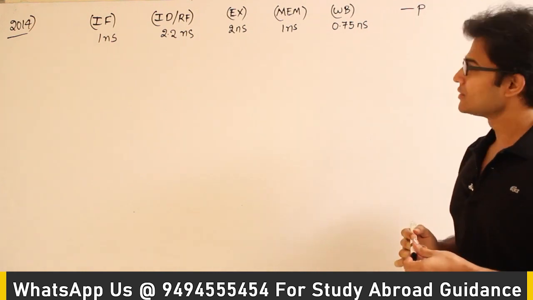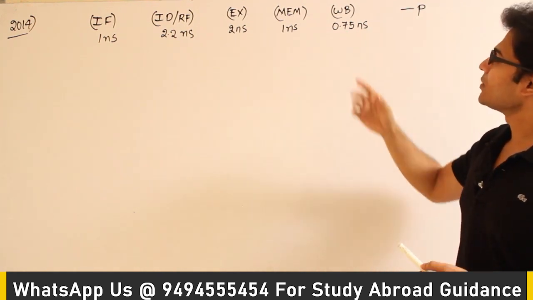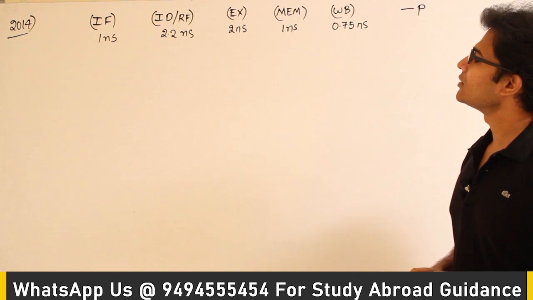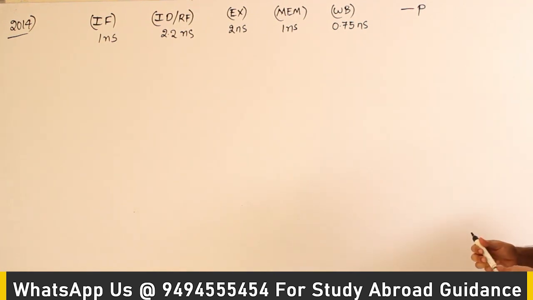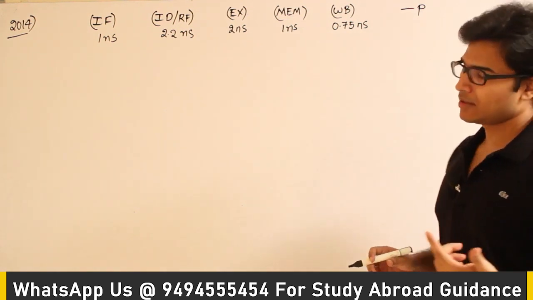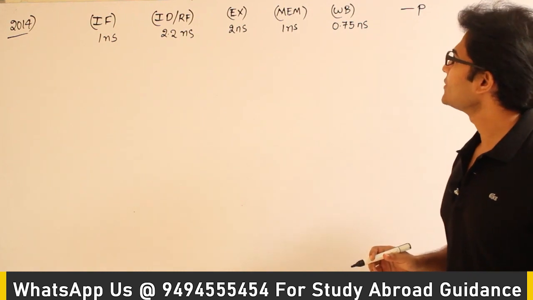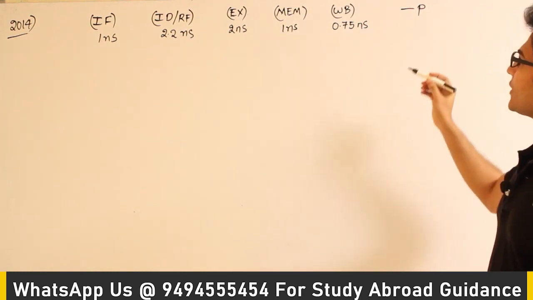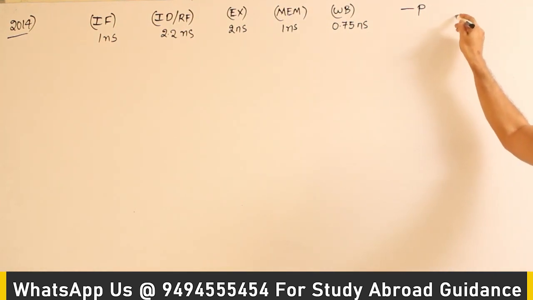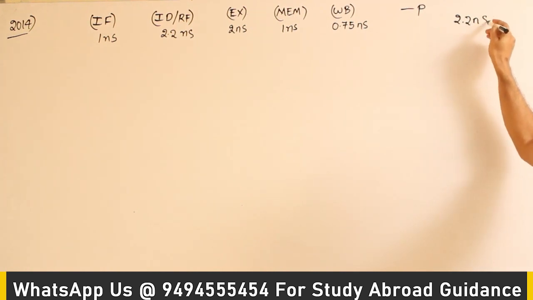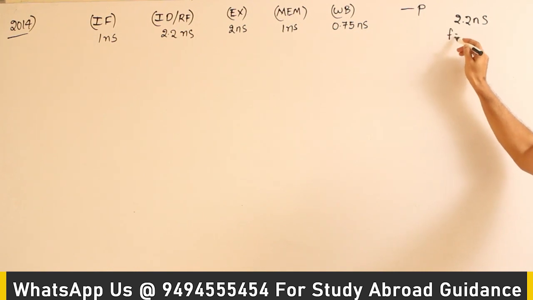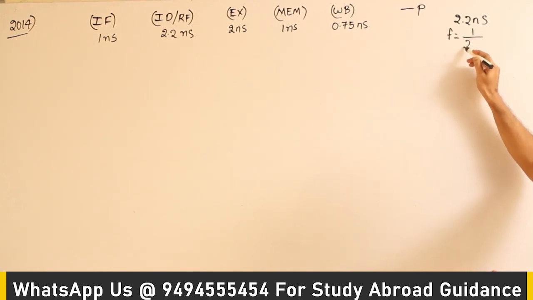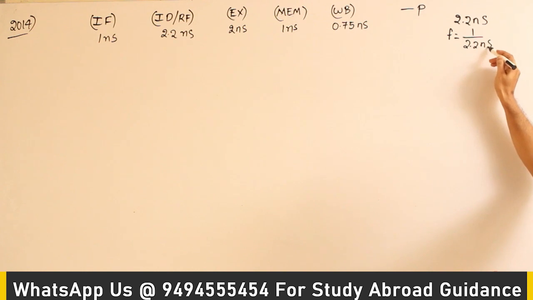One problem with this particular pipeline is that the time period has to be set to the maximum duration possible. So what is the maximum duration given here? The maximum duration given is 2.2 nanoseconds, and accordingly the clock period has to be set to 2.2 nanoseconds.